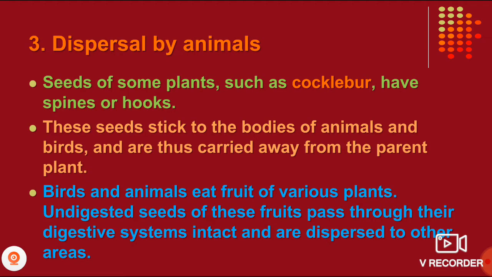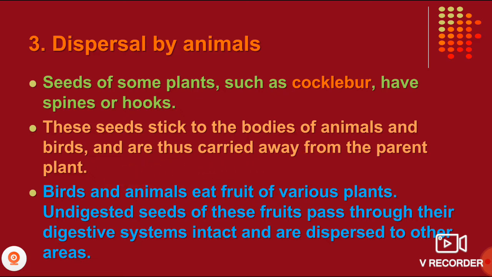Let's move towards the third way, how animals are helpful in dispersal of seeds. Seeds of some plants such as cockleburs have spines or hooks, and these seeds stick to the bodies of animals and birds and are thus carried away from the parent plant to another place.